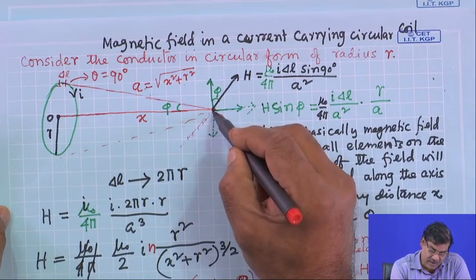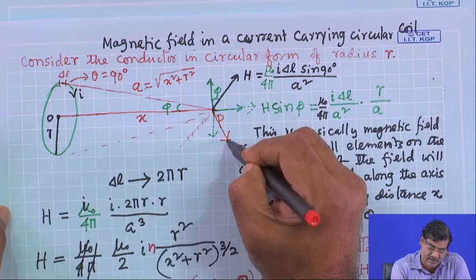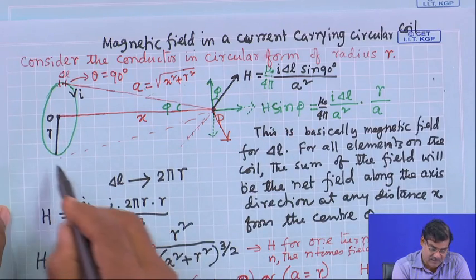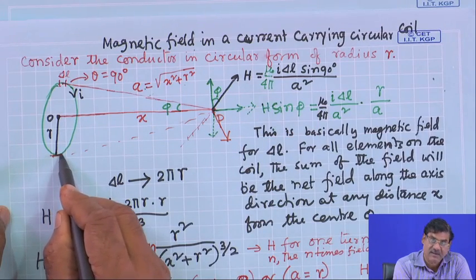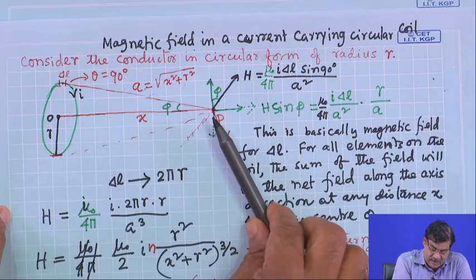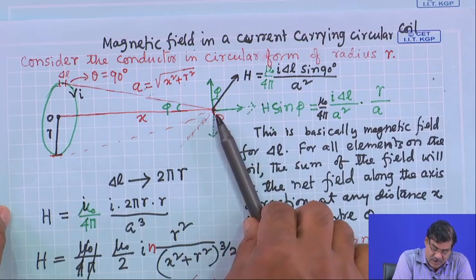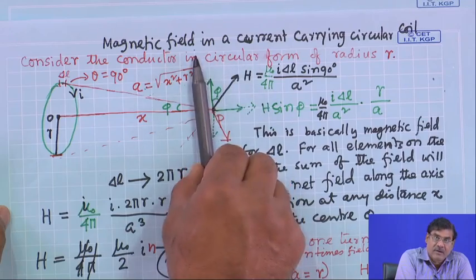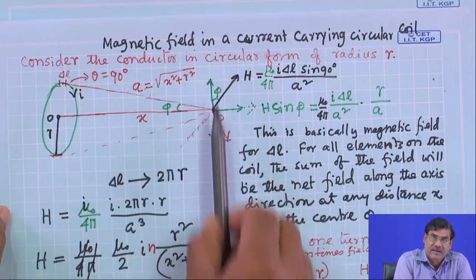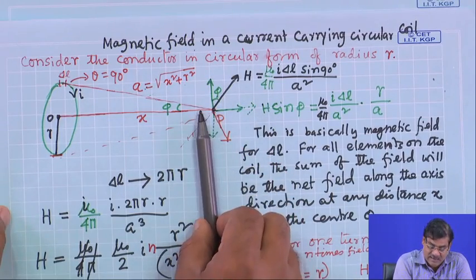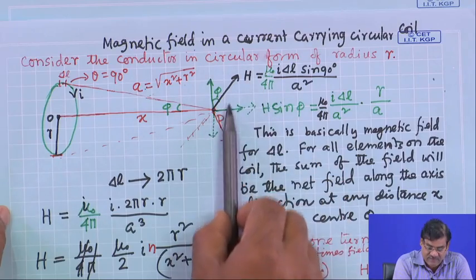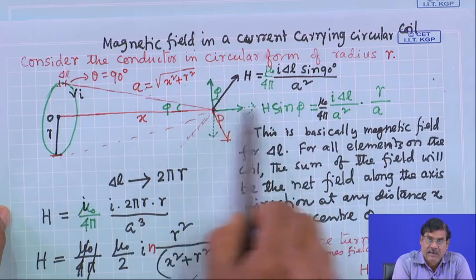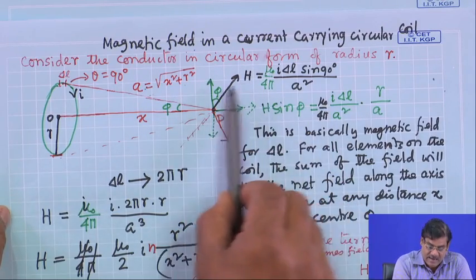So, it will be in this direction, just for this element, and h cos phi for this element. So, they are in opposite direction, so they will cancel each other, and both will have this horizontal component along the axis, h sin phi.